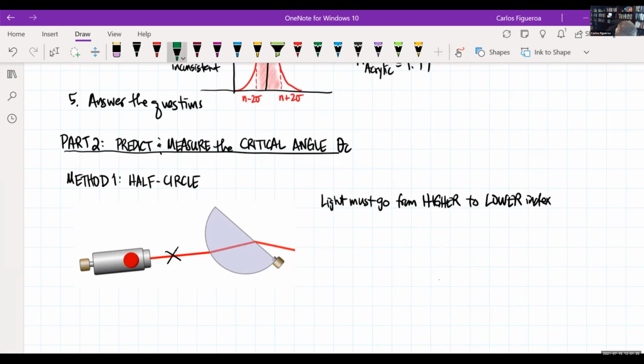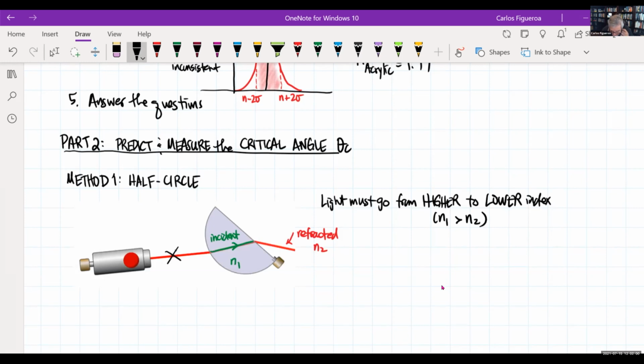So I'm looking at this ray right here. This ray here is the incident ray, and this ray right here is the refracted ray. If this is n1 and this is n2, I can get total internal reflection because I know in this case that n1 is greater than n2.